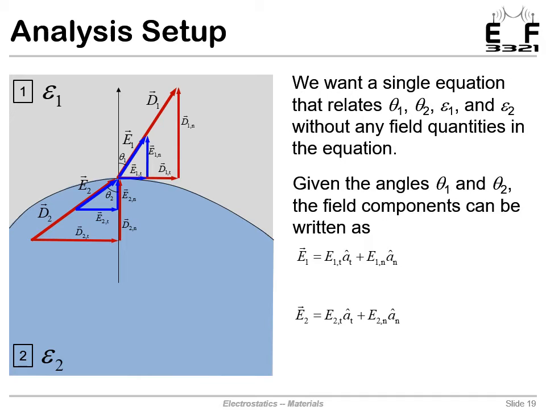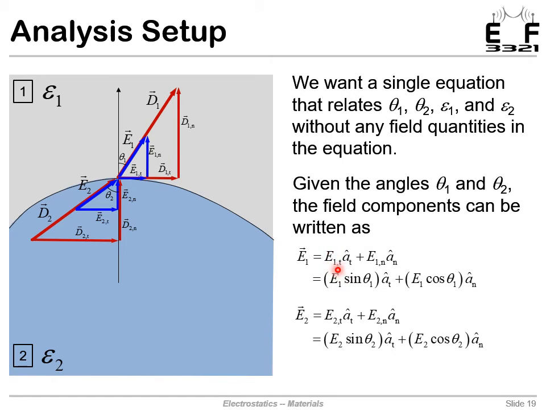Now we can write the electric field E on either side of the interface as the sum of the tangential component and the normal component, and we do this for both sides of the interface. However, if we know those angles, theta 1 and theta 2, we actually have expressions for the tangential and normal components based on the magnitude of the electric field. The magnitude of the field in medium 1 is just E1.